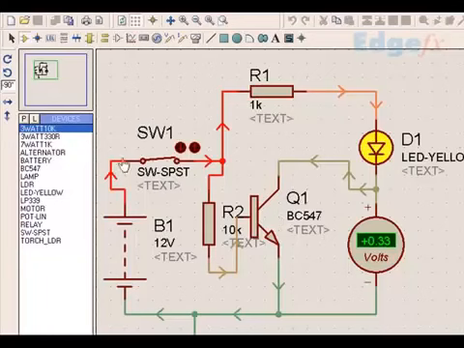Now when I apply the power, the current first flows this way, this way, this way. That means the current flows from base to emitter. This is an NPN transistor, and in an NPN transistor the current has to flow from base to emitter for the collector to emitter to get switched on like a switch. So when the current flows this way, then only this current starts flowing this way.